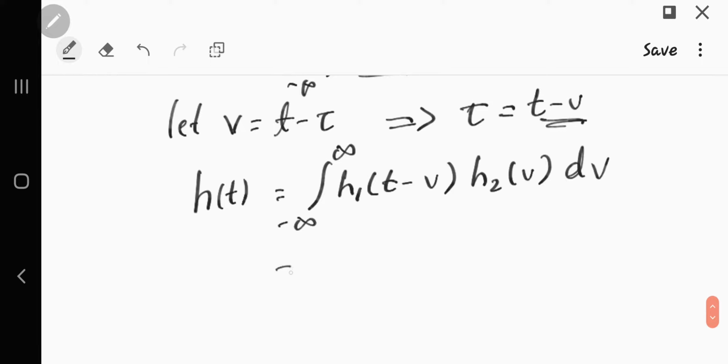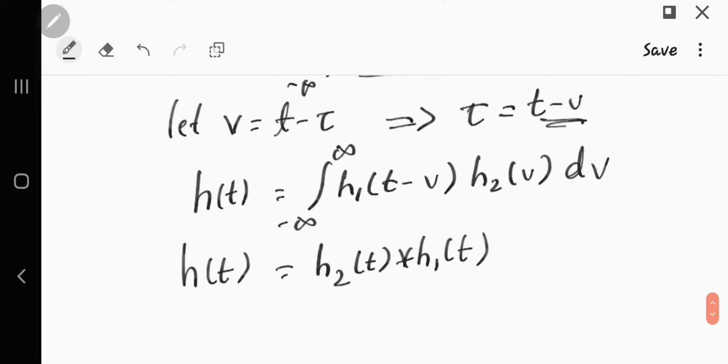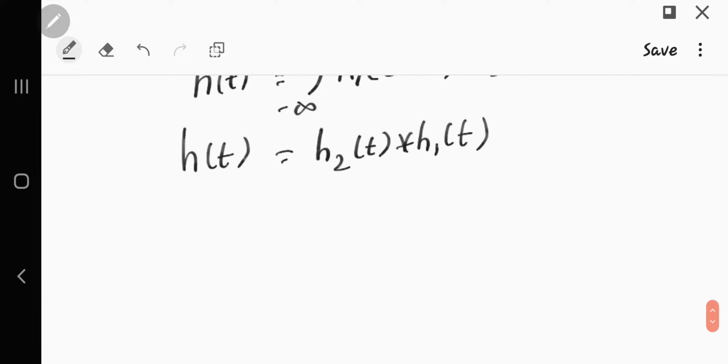So based on this, we can write this as h2 of t convolved with h1 of t. So that means the convolution can be performed in any order.